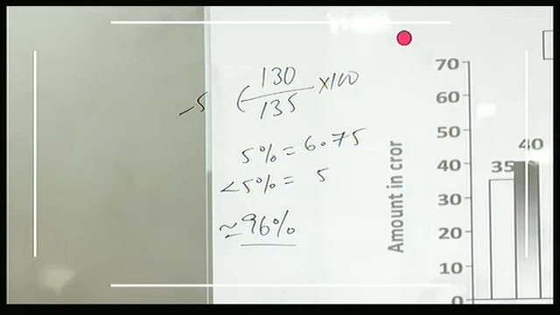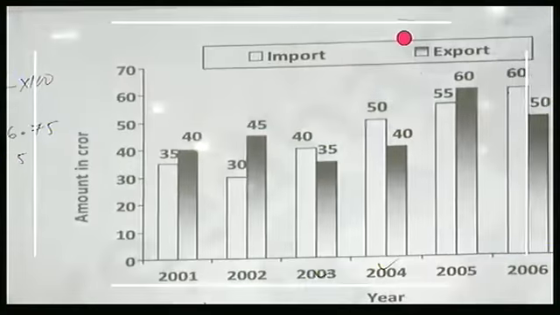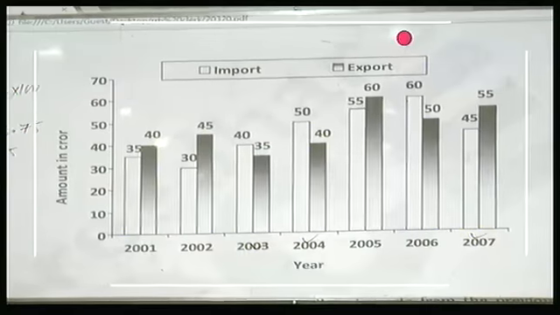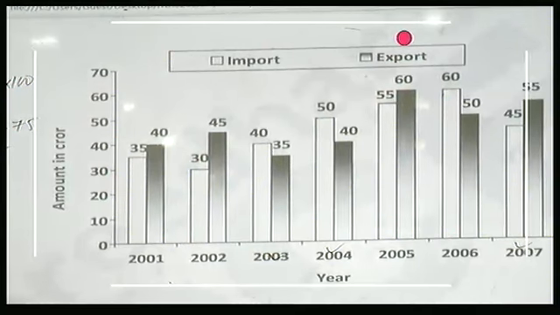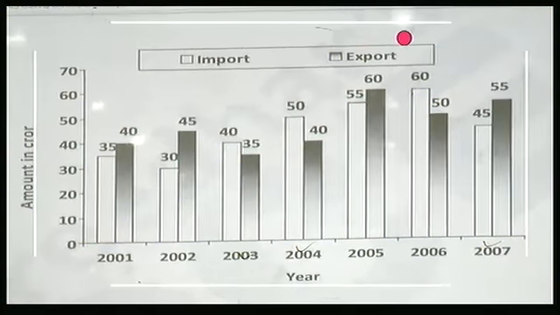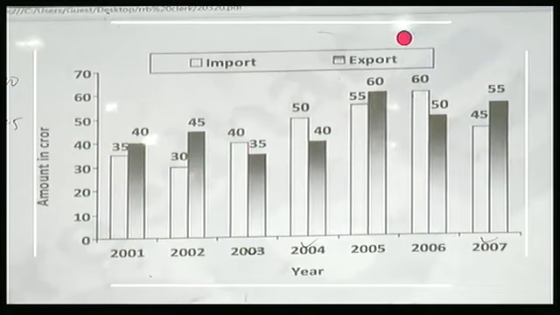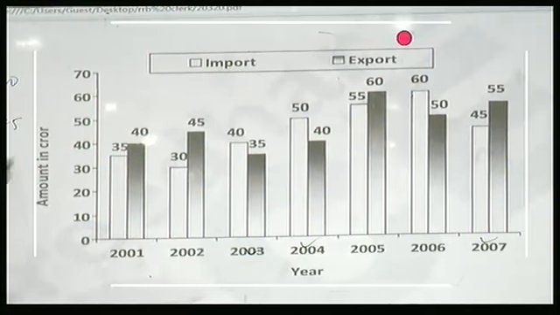Next, 80th. Which of the following pair of years and the percentage increase in the export over the previous year is correctly matched? Percentage increase in export with respect to the previous year was matched.